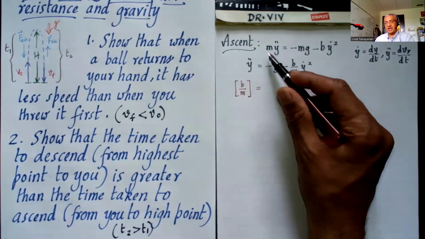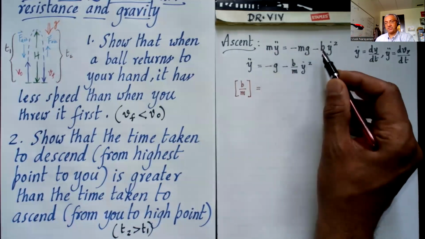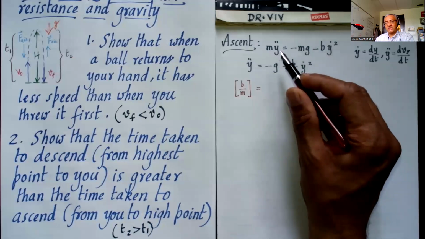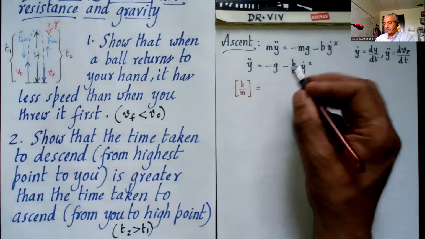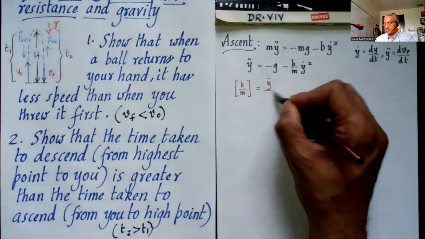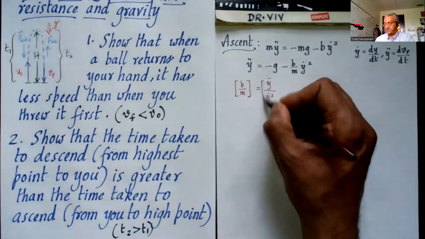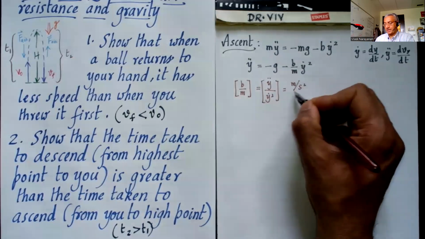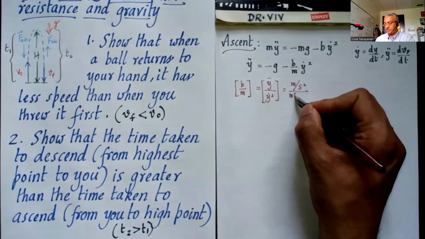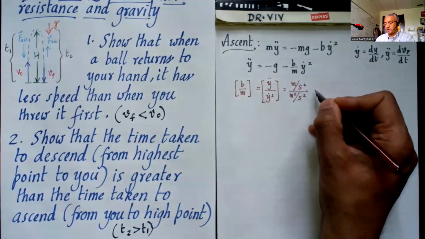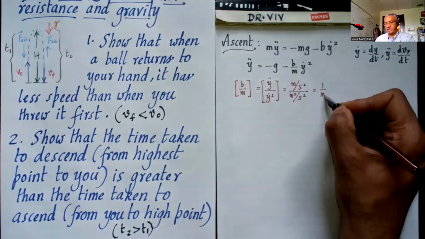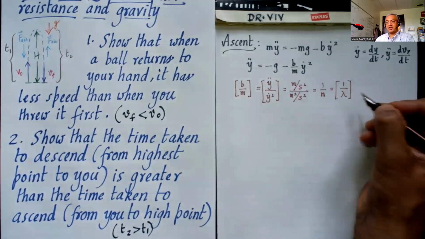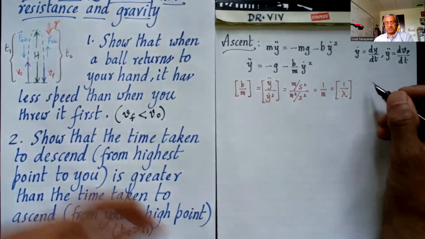So the units of y double dot must be the same as the units of b y dot squared. So the units of b over m must be the same as the units of y double dot over y dot squared. Y double dot is acceleration, and y dot squared is speed squared. So you see that you're left with 1 over meters, which is precisely the units of something with reciprocal wavelength.